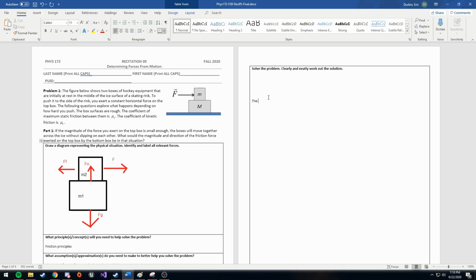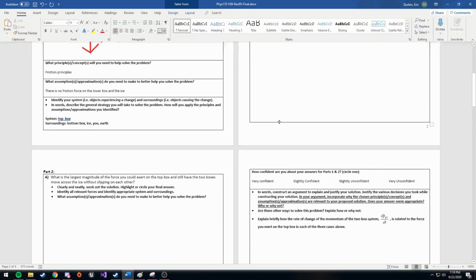I'm going to say the magnitude and restate the question: the magnitude and direction of the friction force is equal and opposite to the force being applied by the person. I'm going to do that in my justify section. We don't have a justify section. Or no, we have it later.